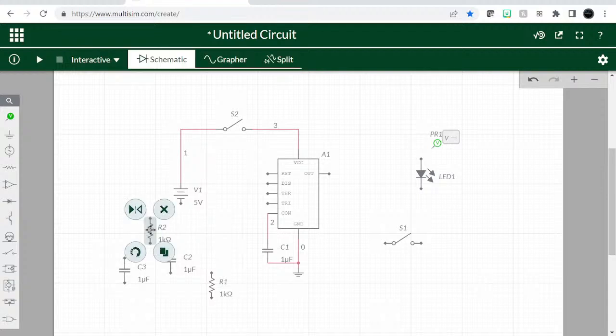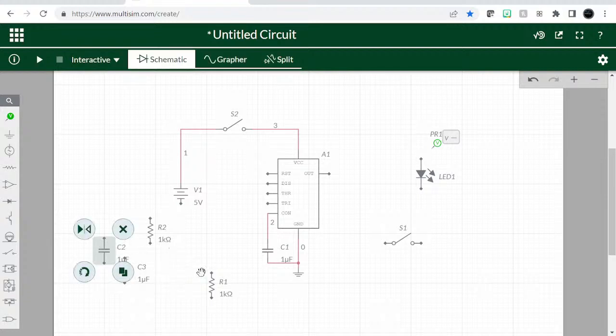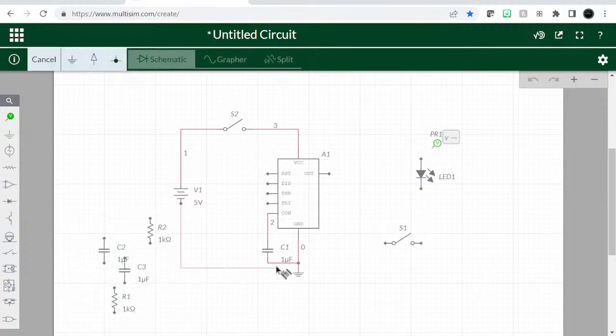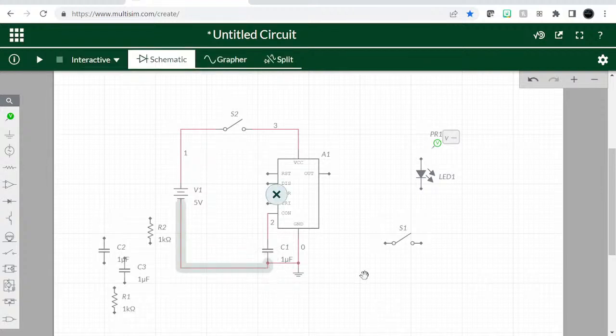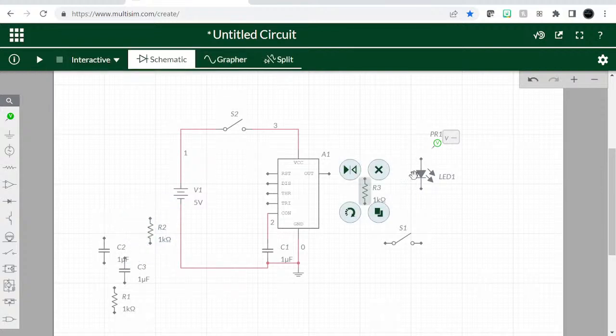And we need this one to go to ground. All right, so this is trying to avoid this capacitor, so let's get it out of the way. All right, the output, we're gonna need a resistor to connect to the LED.